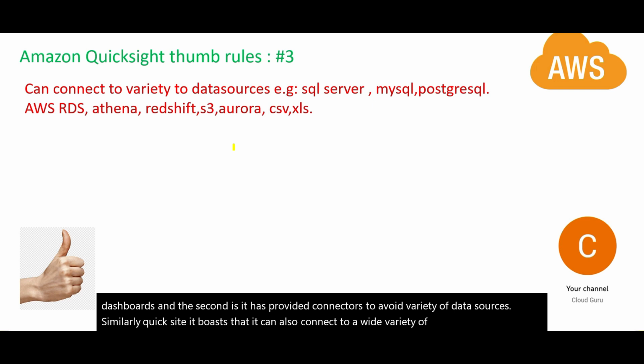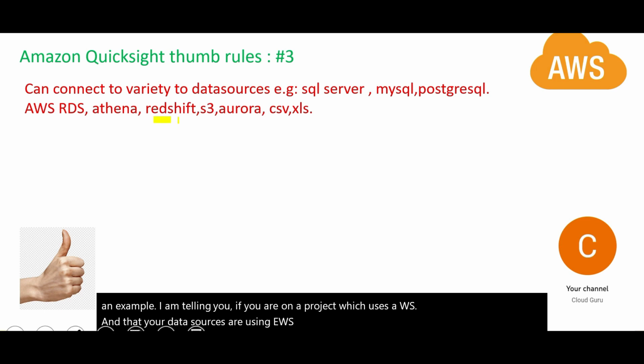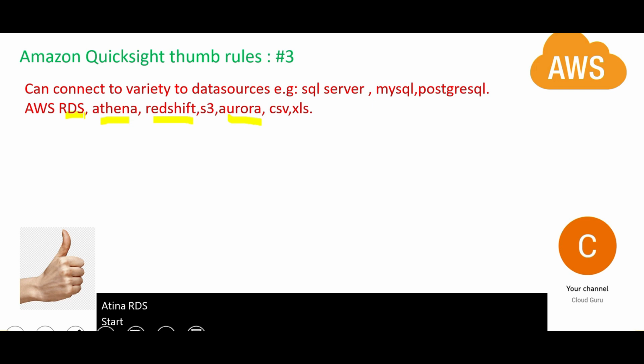Just an example I'm telling you, if you are on a project which uses AWS and you know that your data sources are using AWS products like Redshift, Aurora, Athena, RDS, the recommendation is you should use QuickSight.